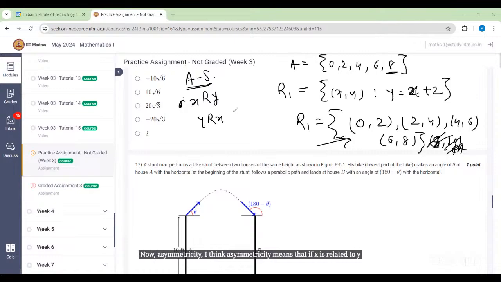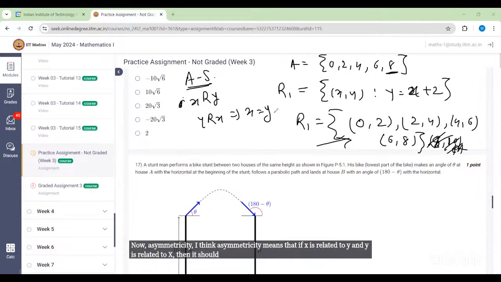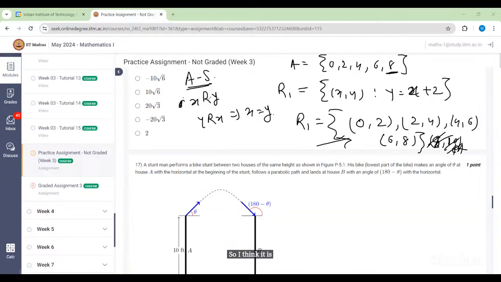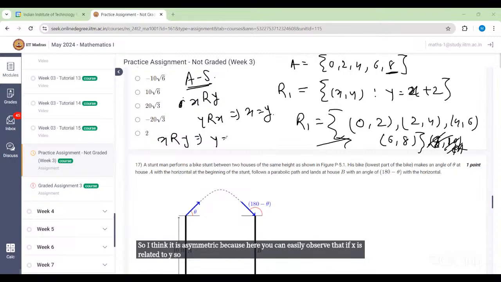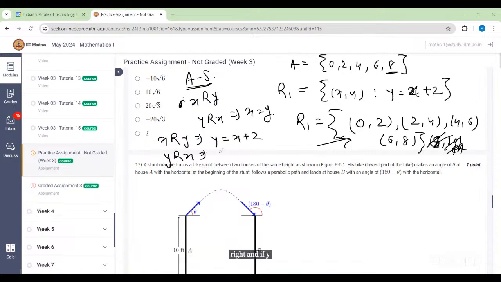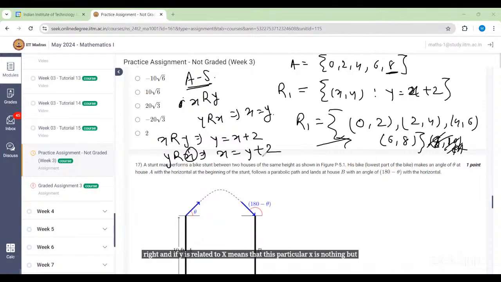I think it is antisymmetric, because here you can easily observe that if x is related to y, that means y is x plus 2. And if y is related to x, then x is y plus 2.